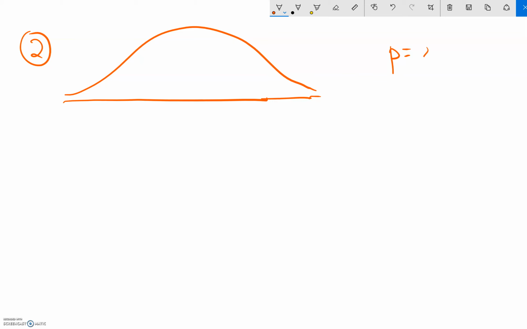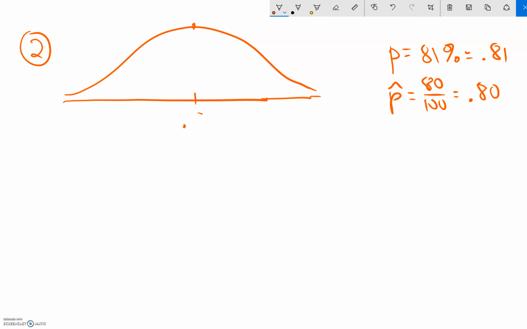Our population proportion is 81%, which is the decimal 0.81. Our sample proportion is 80 out of 100 voters in the sample, which is 0.80.